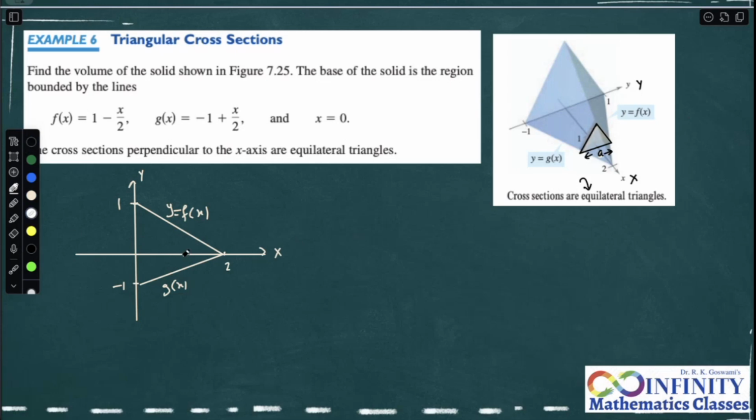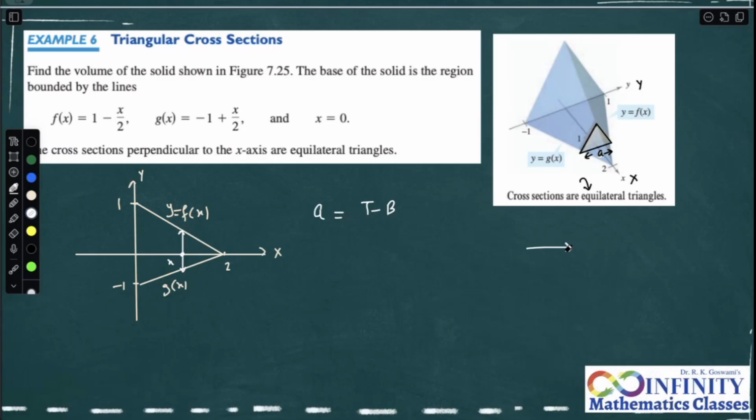In order to get the length, suppose this is a point given to you. I need to find this length corresponding to any value x. If this is the base of the cross section, I need to find the length of the side. It is simply top minus bottom. Always in the vertical case, it is top minus bottom.